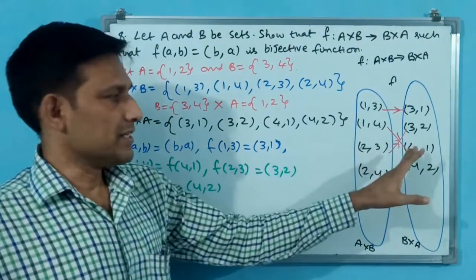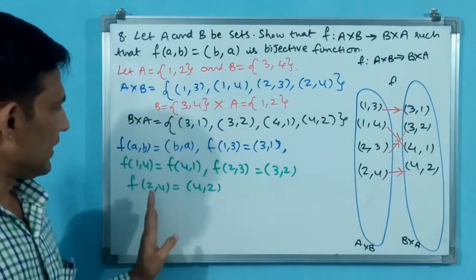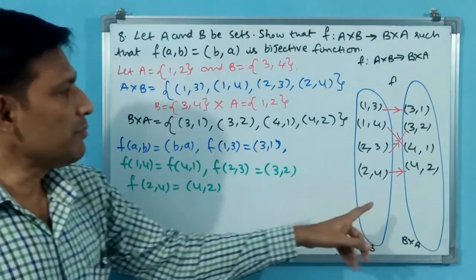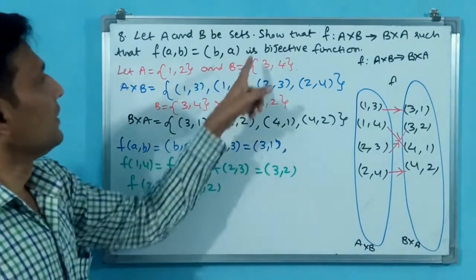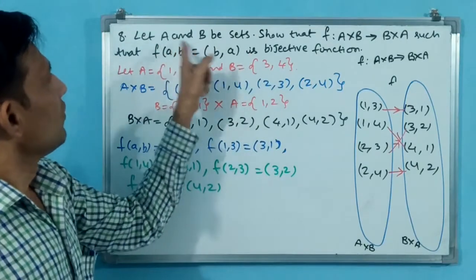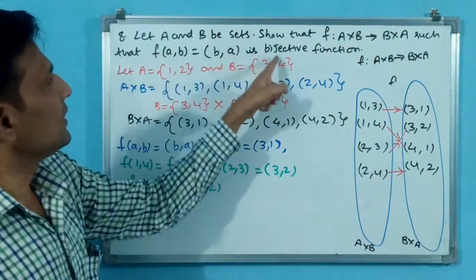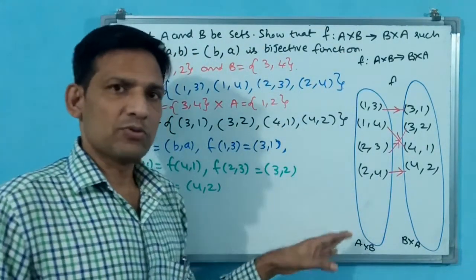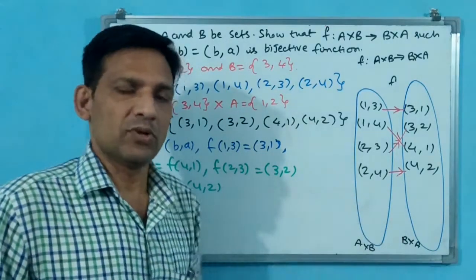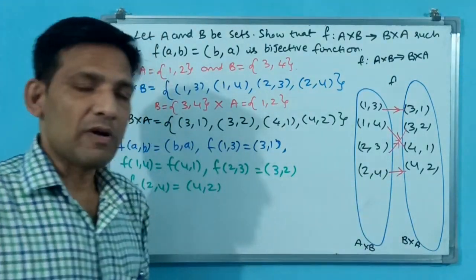Now this is the relation and the function is this one. Now you tell me by seeing the arrow diagram, show that it is a bijective function. That means we have to show that this is a one-one function and also an onto function. Now, is it a one-one function?